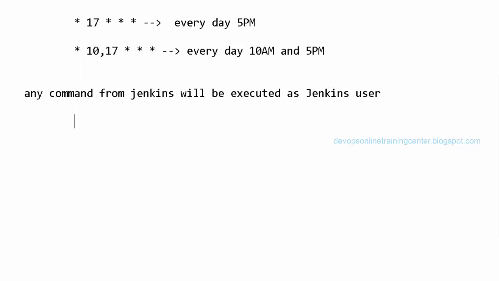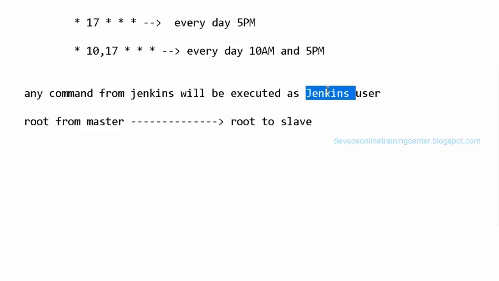But what did we set up? The setup is for root, right? Root from the Ansible master talks as root to the slave. Since I am running as the Jenkins user, it will definitely fail because there is no passwordless authentication between the master and the slave as the Jenkins user, but it is set up as root.